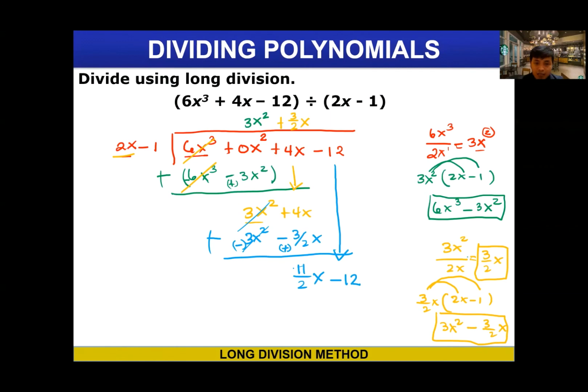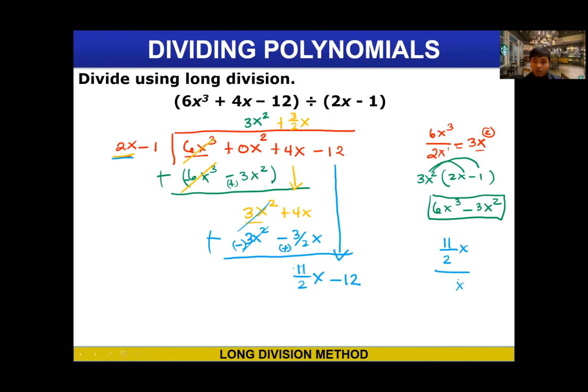And then next, we're going to divide the first term by the first term here. So dividing 11 over 2 x by 2x.